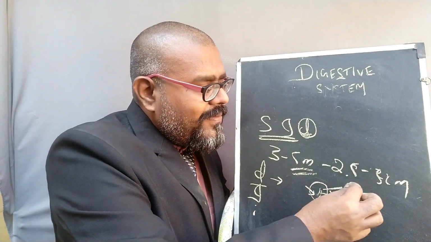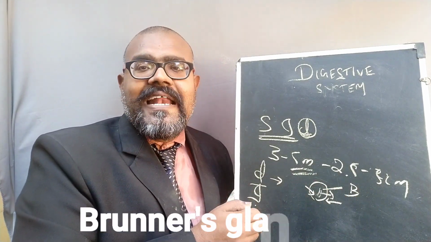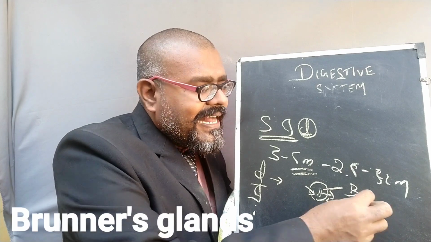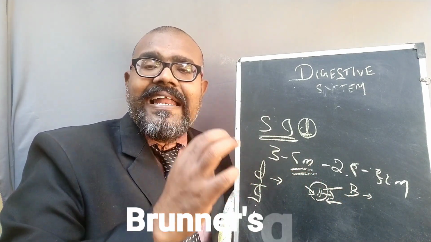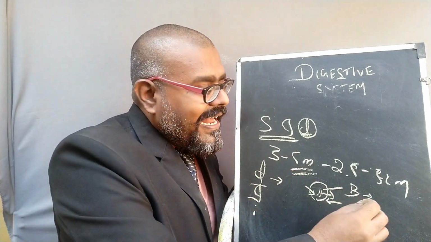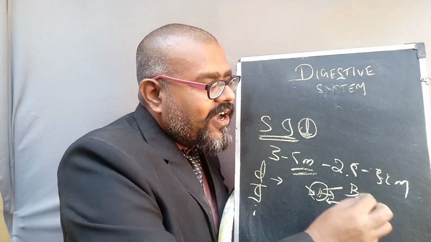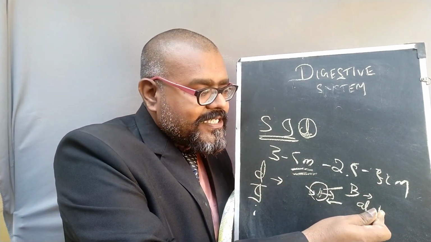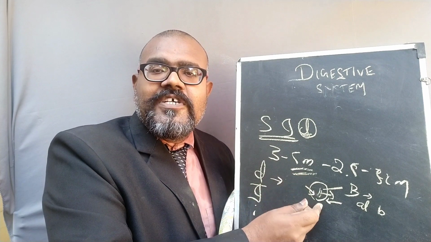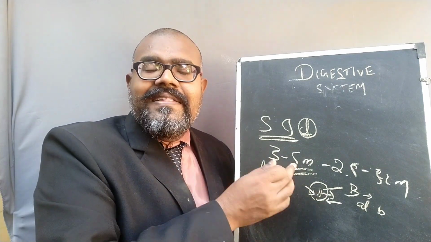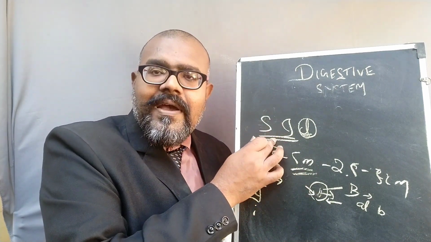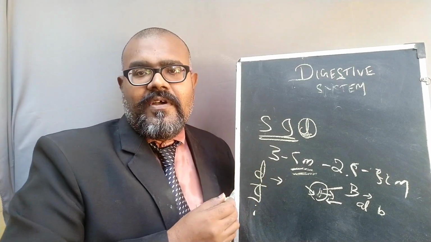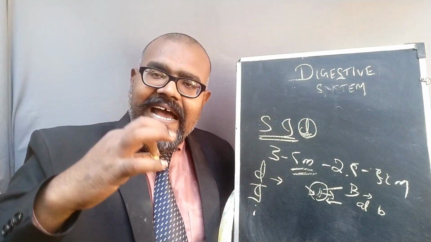Here in the duodenum, there is a gland called Brunner's gland. Brunner's glands also secrete an alkaline secretion that consists of bicarbonate. This bicarbonate and the juices from the pancreas and the liver convert the gastric chyme to an alkaline state.